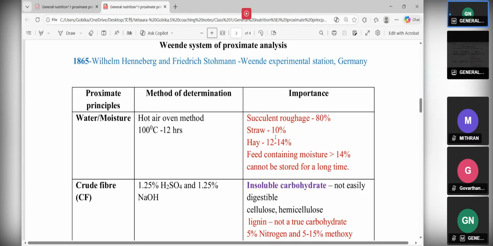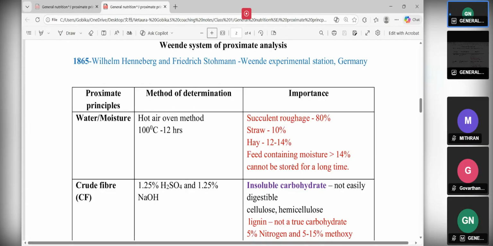Since it is dried, it contains mostly 10% moisture. Then hay, we also know what hay is. It is also dried fodder, so it contains less moisture, 12 to 14%. Then in animal nutrition we should know one important point: any feed with more than 14% moisture cannot be stored for a long time.